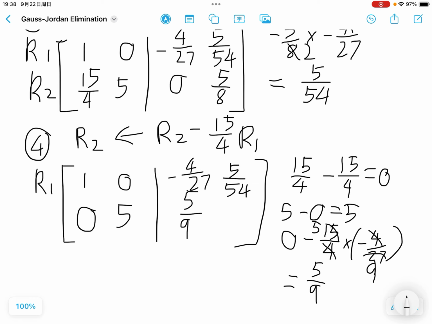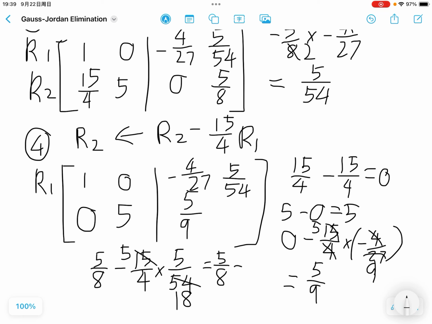Okay, and then we have 5 over 8 minus 15 over 4 times 5 over 54. So this just gives us, so we can cancel out the 3, which is just 5, and then this gives 18. So this essentially is 5 over 8 minus 5 times 5, which is 25, over 4 times 18, which is 72.